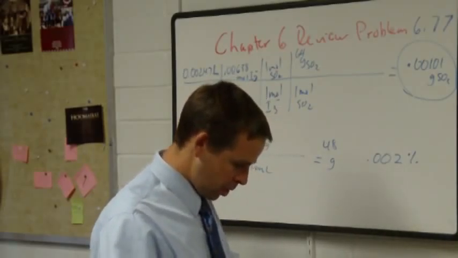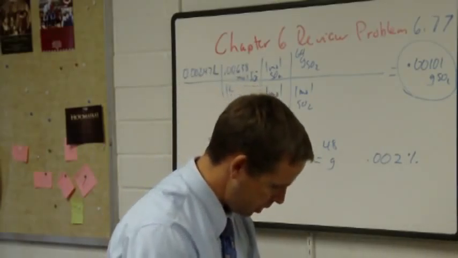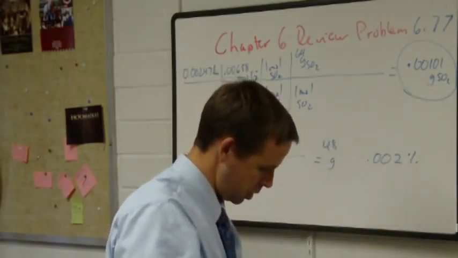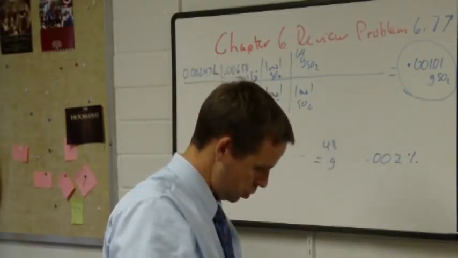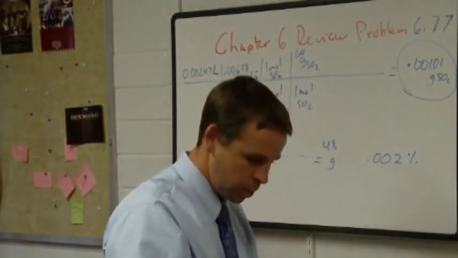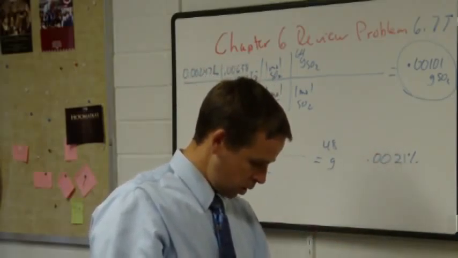Parts per million, that's part C. Let's double check these before we move on. 677, 1.01 times 10 to the minus 3, and then 2.1 times 10 to the minus 3. Oh yeah, sorry, this is 0.0021%.